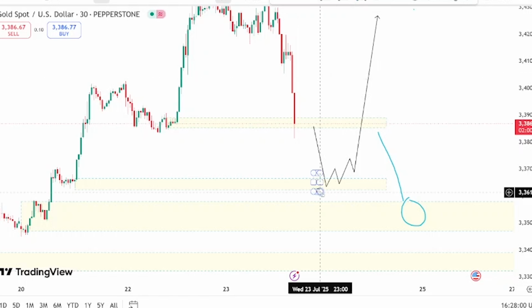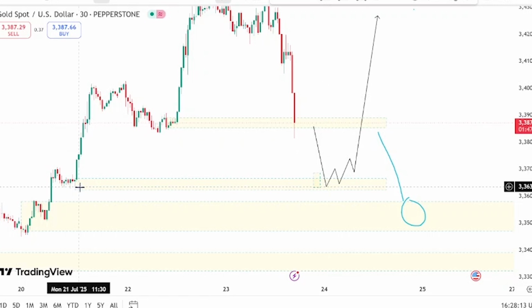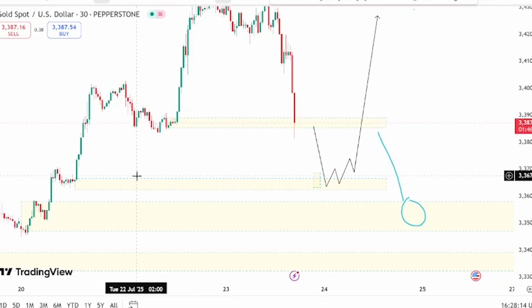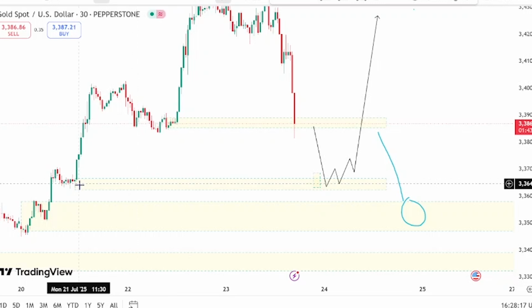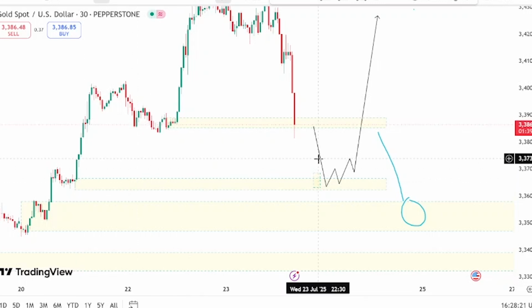Then if we reject from the low and create another candlestick which is bullish from this area, and take a buy from that area, anticipating the market to continue moving up, this will be an equal low, not a better retracement, because this area is also imbalanced. So what we can do is wait for more confirmation.